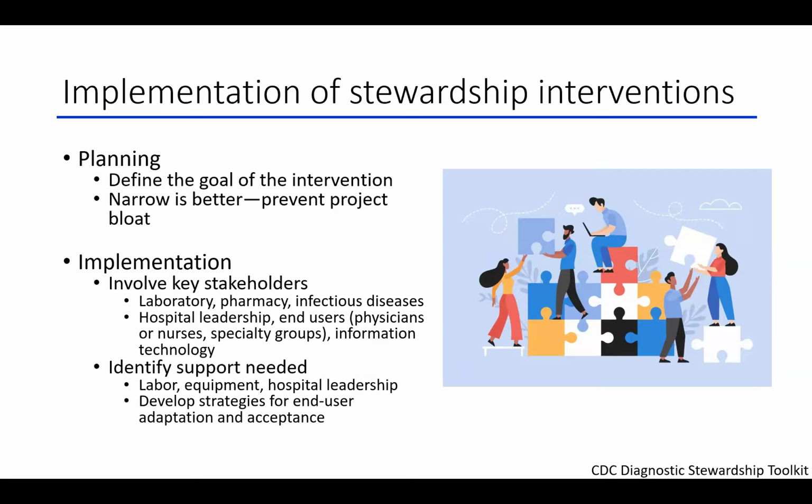You want to involve key stakeholders: lab, pharmacy, ID, any groups that are going to be impacted. Identify your support, both physical, so labor and equipment, and emotional at the hospital, and develop strategies for end user adoption and acceptance. Who's going to be your cheerleader for the project?